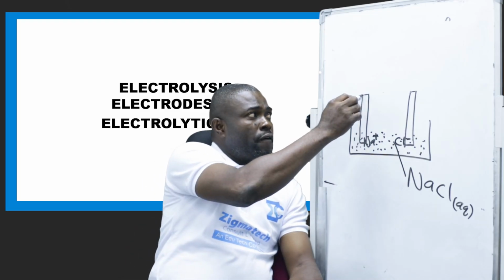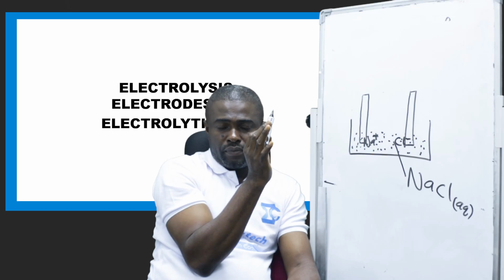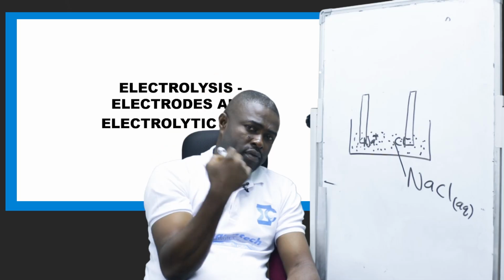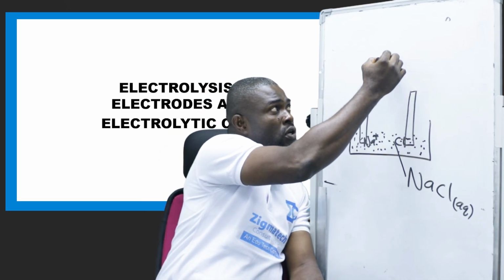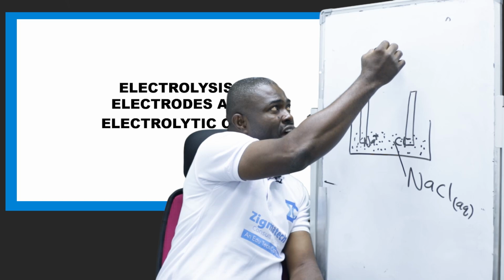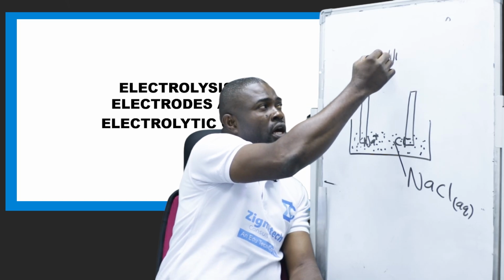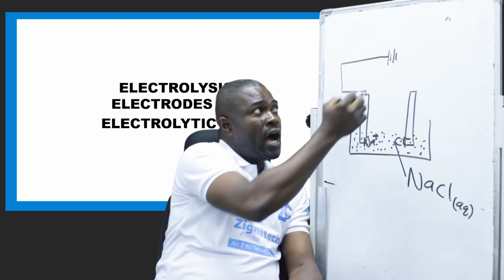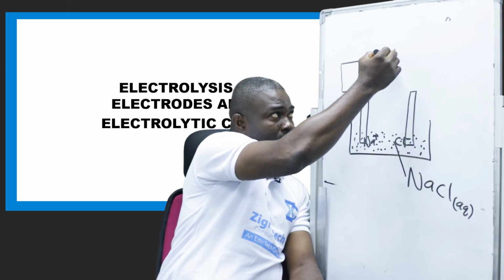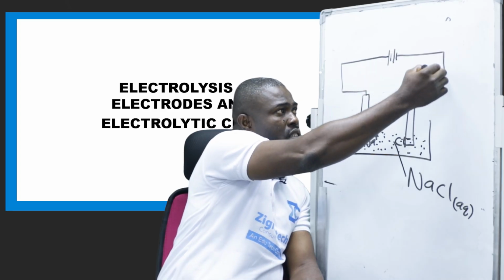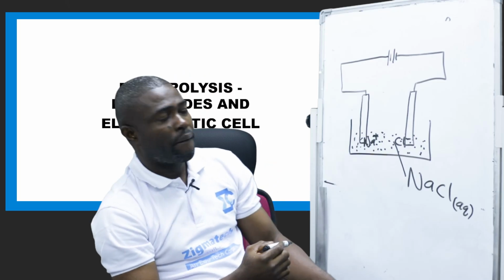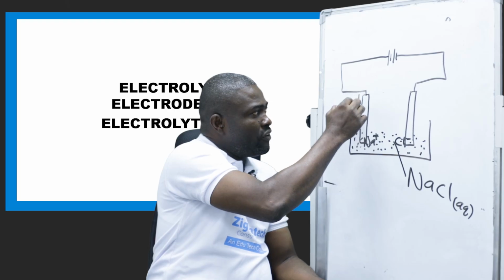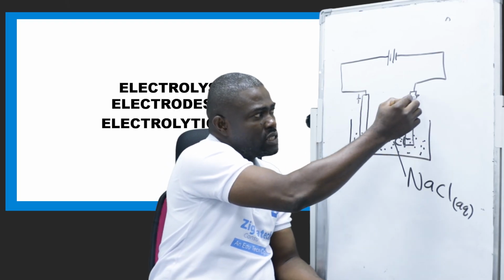Two of them are connected to a current source. If I have my current source here, connected to this particular rod, I have another current source, the same point anyway, connected to this particular rod. What is happening now? This is the positive form of this rod, and this one is the negative.